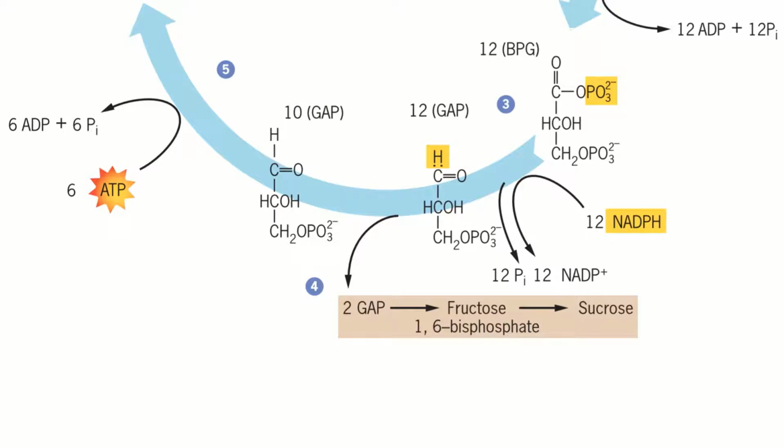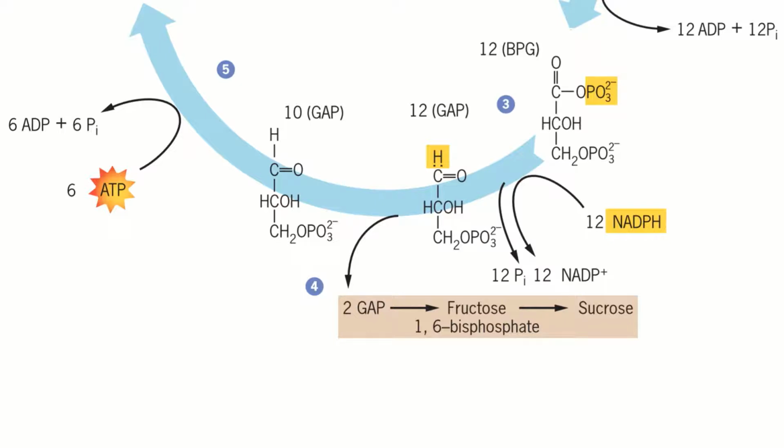And one of these phosphate groups, the one highlighted in yellow, is going to be reduced with the help of NADPH, which was also produced during the light reaction, and as you can see here, replaced by hydrogen. So this is the process where the reduction is actually needed, the reduction power of NADPH.